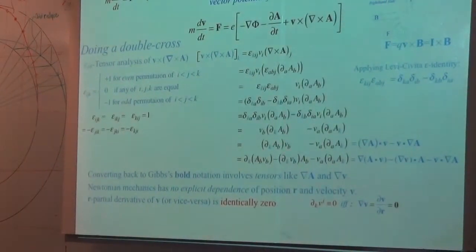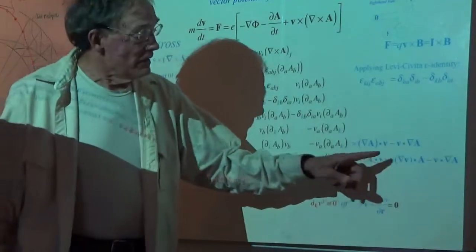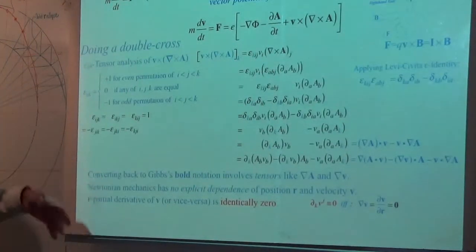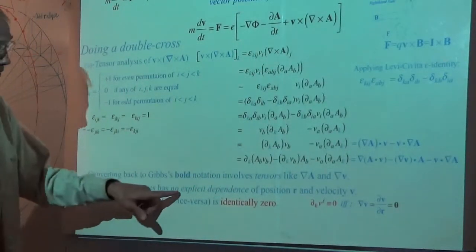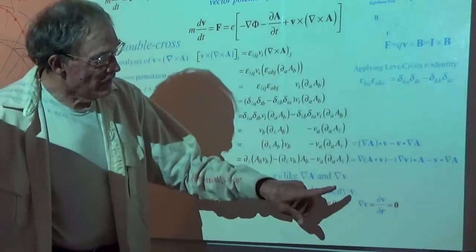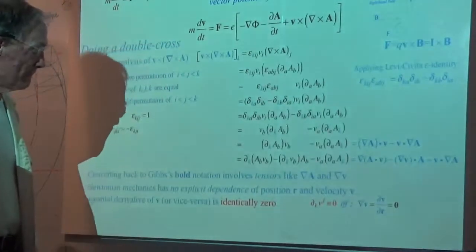And there's one more thing that's involved here. Normally, all three of these terms would be non-zero, but in the Newtonian or Lagrangian mechanics, there's no explicit dependence of the position on the velocity or vice versa.